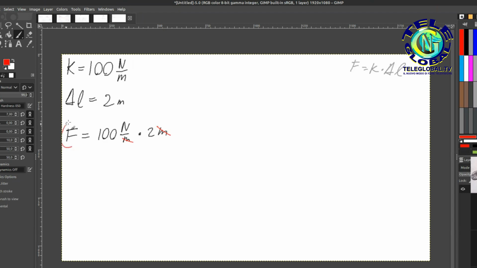Also note, a force is always in Newton. If you do some calculations and you end up with a force that is not measured in Newton, you are doing something wrong. So yeah, you have 200 Newton.